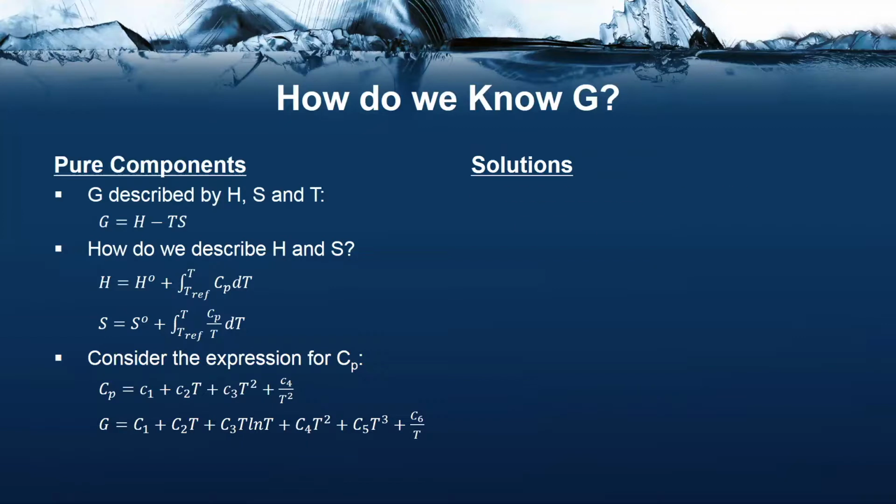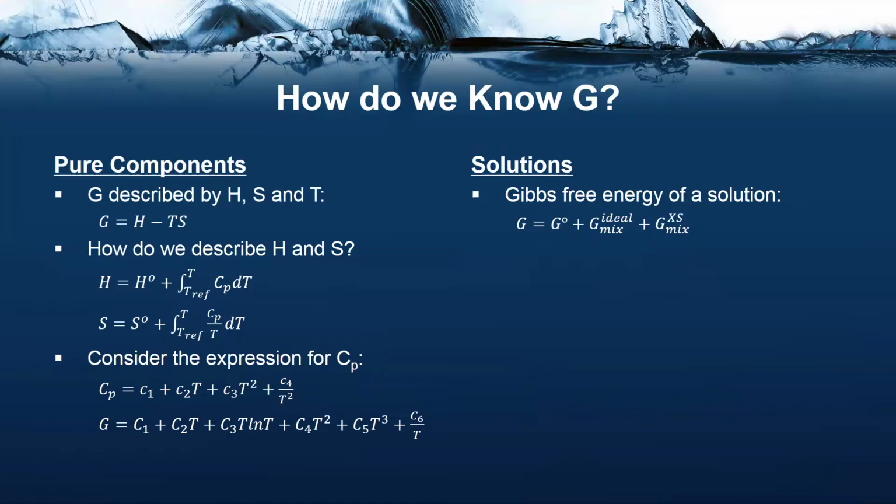In solutions, the total Gibbs free energy of the solution phase can be described as the Gibbs free energy for the chosen reference state plus the Gibbs free energy of ideal mixing plus the Gibbs excess function, as given in this equation. And this is also something that we have gone through in a previous course.